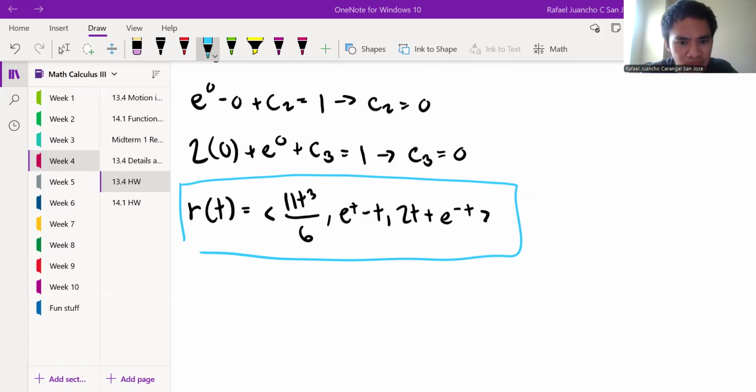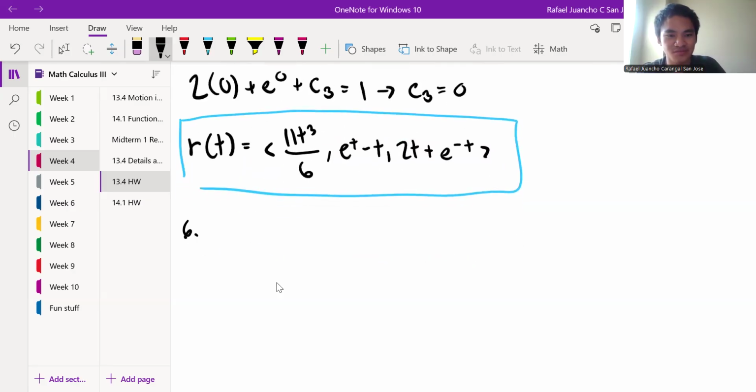Done. Okay, yeah, that looks about right. I'm assuming it's right. Let's see if we get it. Nice. Okay. And we'll do one last one before we take a little break.